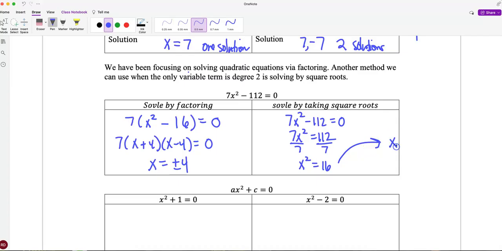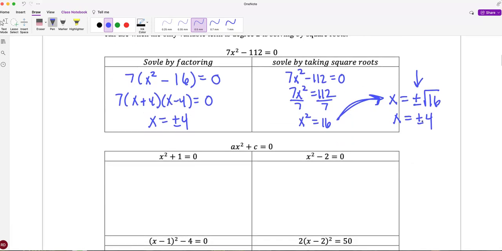And once I get there, I know that x is going to be plus or minus the square root of 16. x equals plus or minus 4. Now to get from this x squared to the x equals plus or minus, there's nothing that happens mathematically that's automatic. You have to know that there are two answers. When you square this, you're getting two answers. So you have to bring the knowledge of that plus or minus.